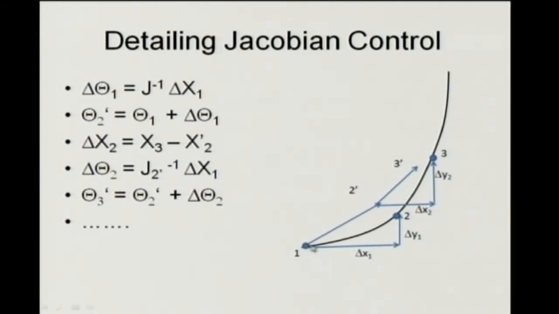So, from this point, when I want to go to point 2, I will calculate delta x1 and delta y1, as these two values. So, I am going to take delta x1, delta y1 and shove it into this matrix, which is capital X1.